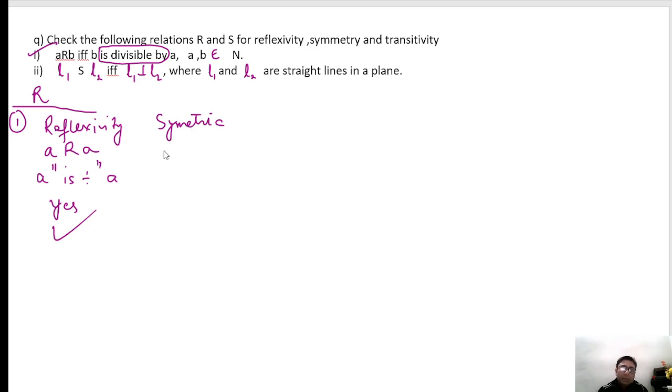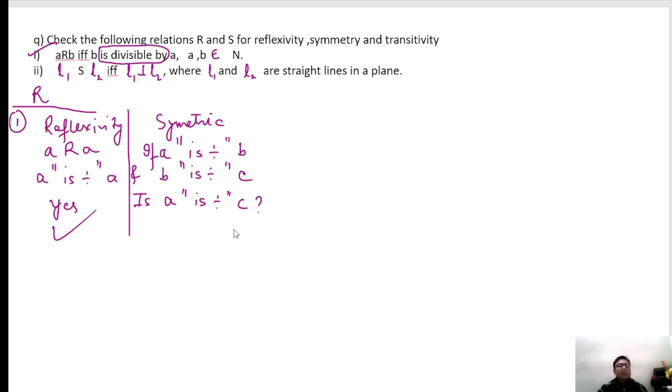Okay, what will happen in symmetric? A is divisible by B. If A is divisible by B and B is divisible by C, is A divisible by C?